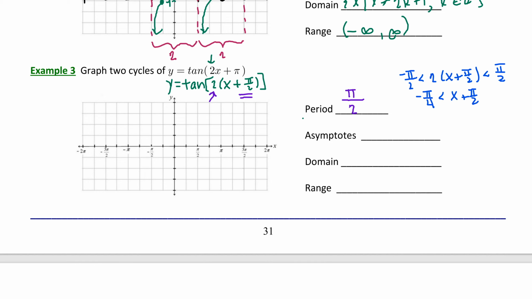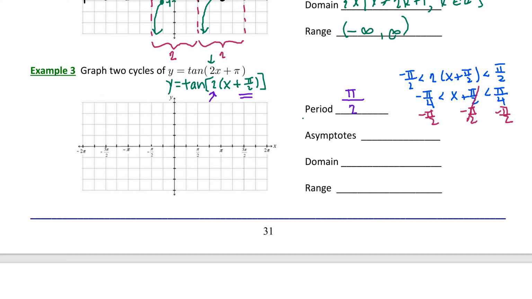And you can think of dividing by 2 the same as multiplying by a half, if that makes it a little bit easier. Then we're going to add pi over 2 to all three parts of this inequality. Oh, I'm sorry, I spoke wrong. Subtract pi over 2 from all three parts of this inequality. So to trap x in the middle, we'll subtract pi over 2 from all three parts.